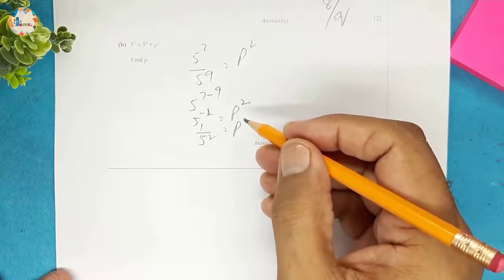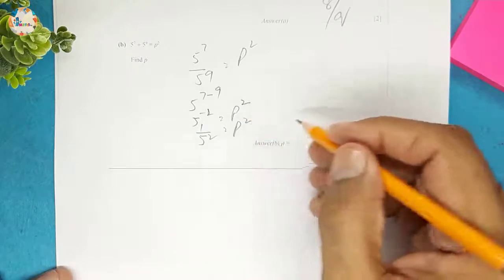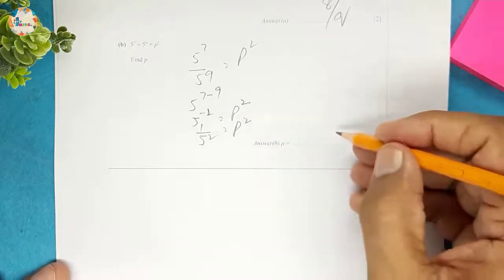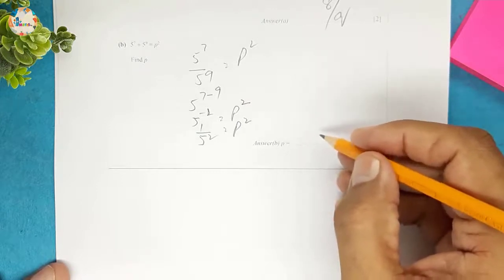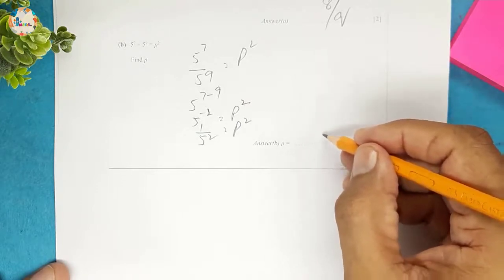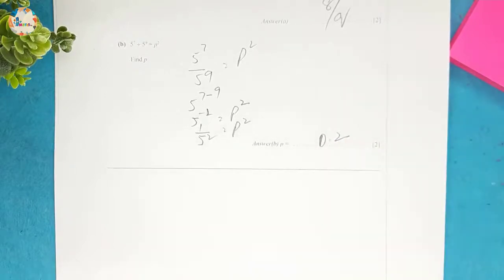So in this case this will be 1 over 5. So p is equal to 1 over 5 or 0.2. We can calculate from here.